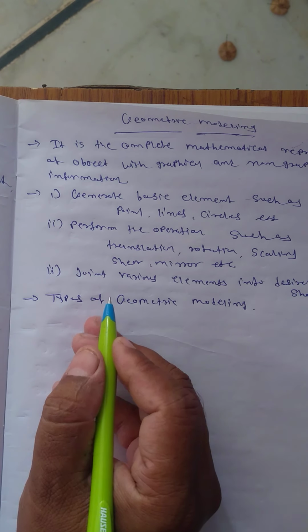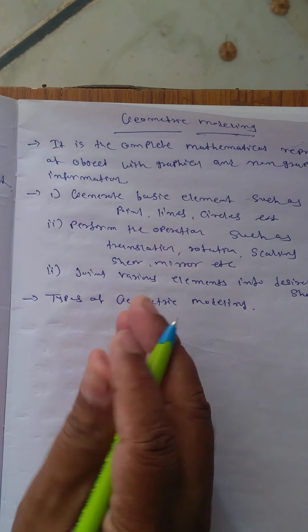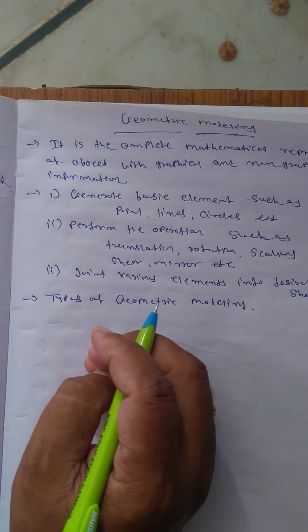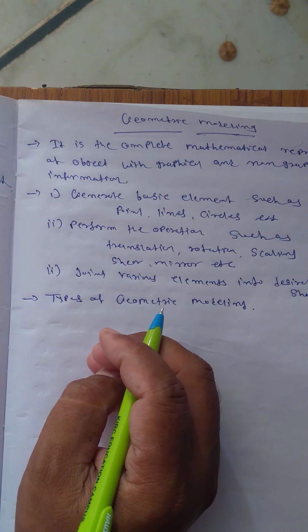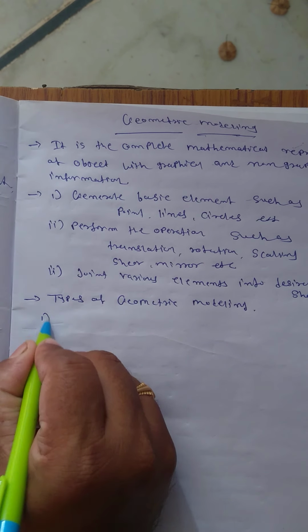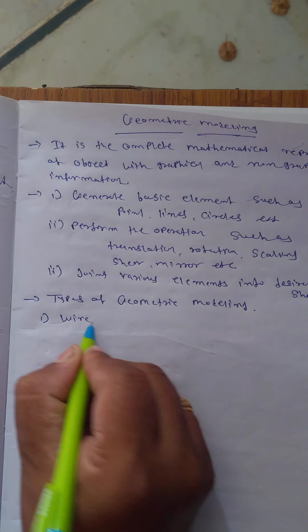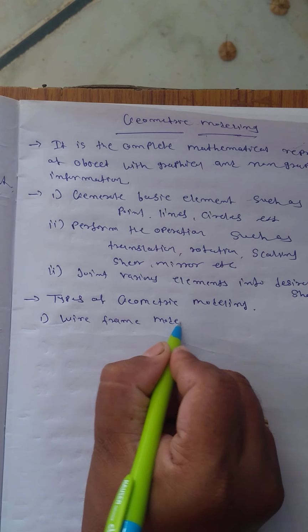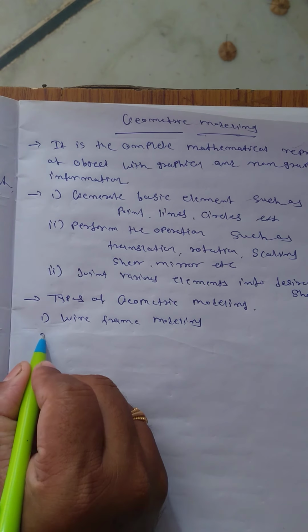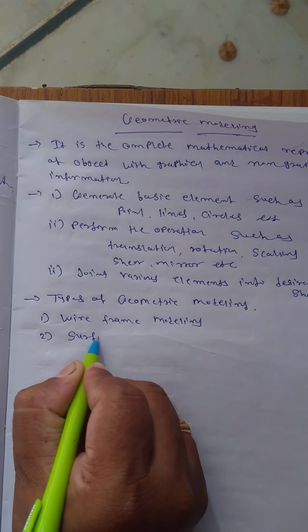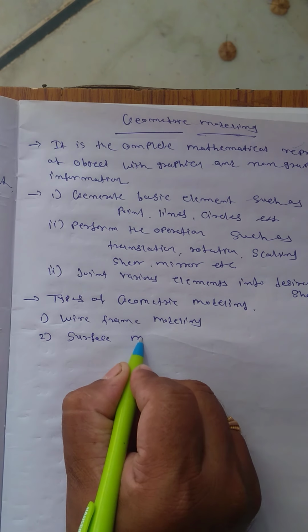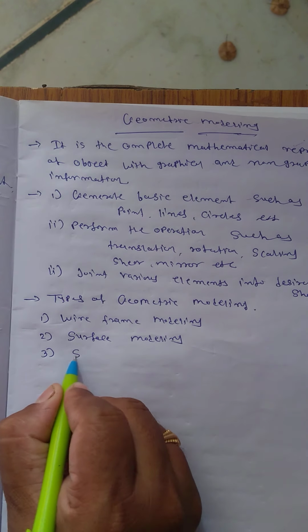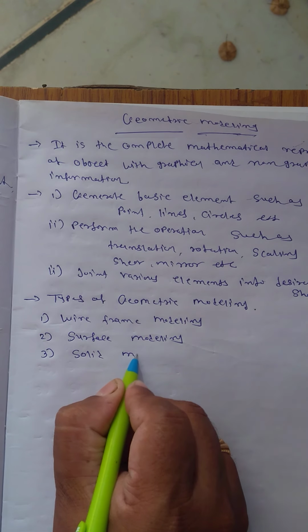There are three types of geometrical modeling: wireframe modeling, surface modeling, and solid modeling.